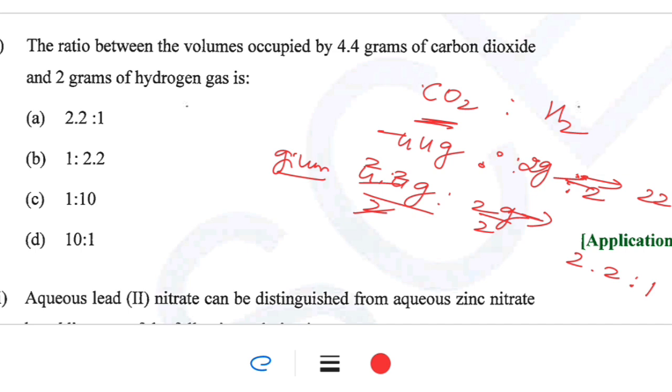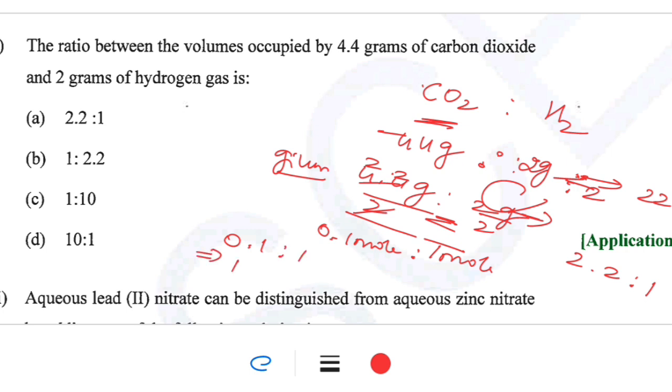So here this 2 gram is 1 mole, but what about this? This is not 1 mole, this is 0.1 mole, right? So 0.1 mole to 1 mole. Can I convert this ratio into 1 to 10, just by multiplying by 10 on both sides? Yes. So option C is the correct answer over here.